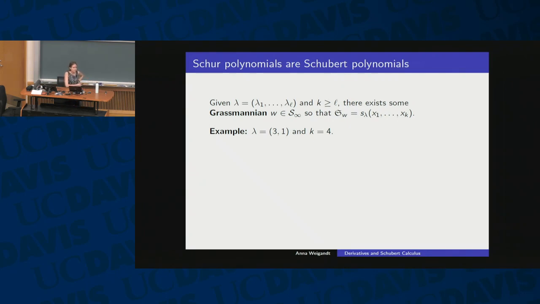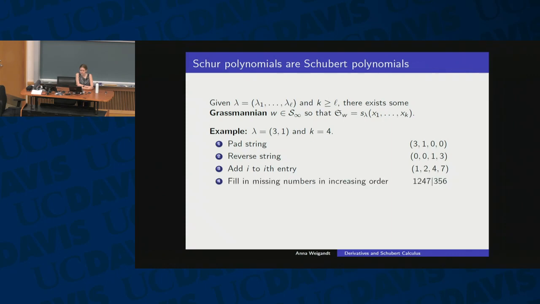If we look at this example, the first thing we do is pad out our partition into a longer string so that we match the number of variables that we have. Then we take this and reverse it. Then we add i to position i for each i. Now we turn this into a permutation by filling in the missing numbers in increasing order.